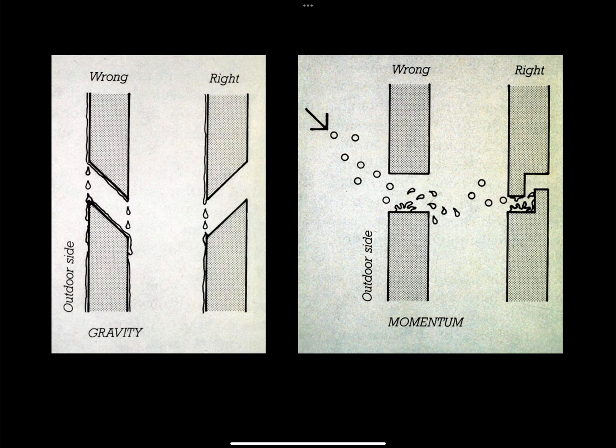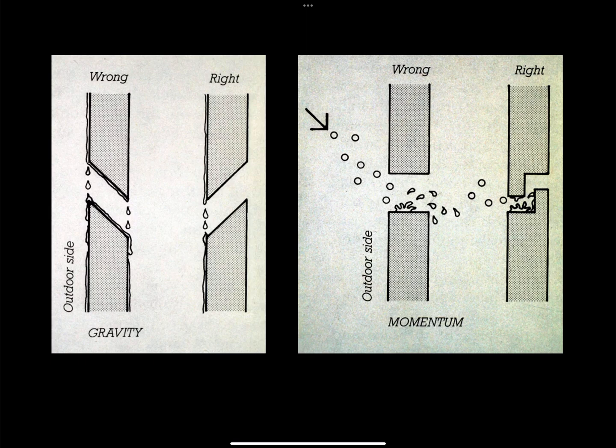The second force we need to deal with is momentum or kinetic energy. So water droplets in motion heading towards a wall have momentum, which is a horizontal component of energy. And momentum can carry the water through an opening.